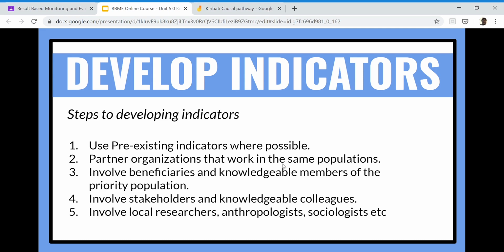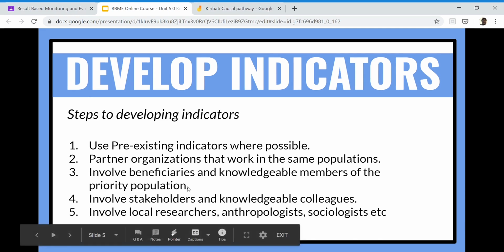So you can reach out to them for the indicators they're using for their programs. Also, the United Nations, the World Bank, and bilateral and multilateral organizations always have workshops on indicator development. So you can also reach out to them to get country level, state level, and local community level indicators.